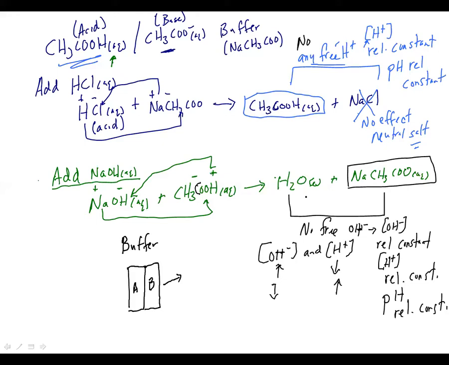So, sort of exaggerated here, the acid part of the buffer will get bigger, and the base part of the buffer will get smaller after you add acid to it.